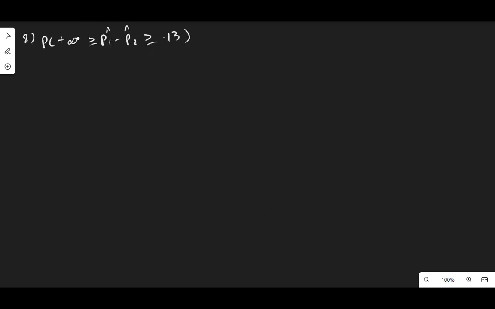Now turn to the second part. This is your second part. Standardize this as well. If we standardize it, the minimum limit is 0.13 minus 0.06 divided by 0.048, and the maximum limit is plus infinity minus 0.06 divided by 0.048.